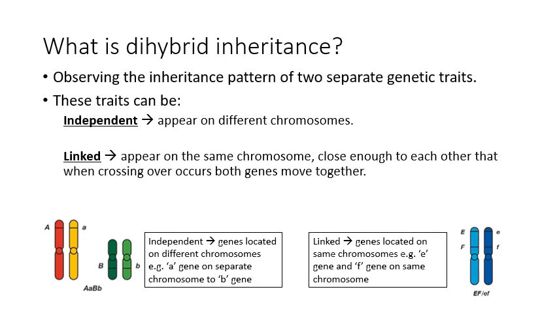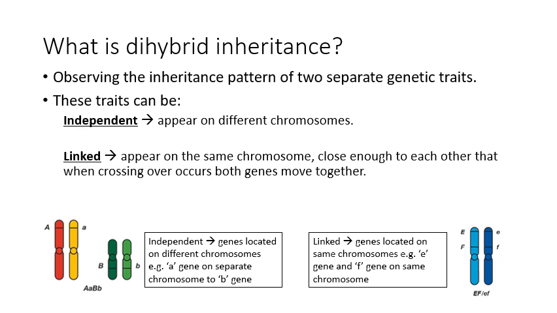In our previous videos we spoke about the difference between independent and linked genes, independent being two different genes that code for different traits on different chromosomes, and linked being two genes for different traits that are on the same chromosome.